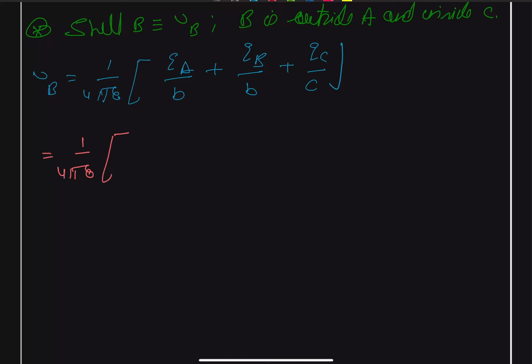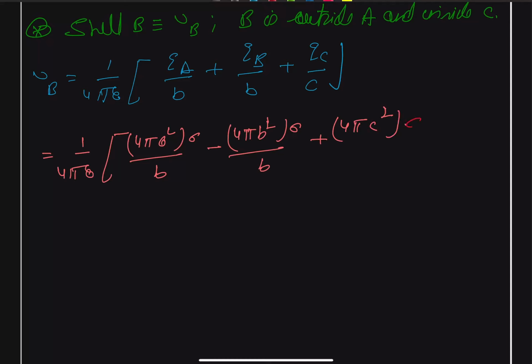QA was 4 pi A square multiplied by sigma divided by B, minus 4 pi B square sigma divided by B, plus 4 pi C square multiplied by sigma divided by C. And here the B square goes away, the C square goes away, and we can cancel out the 4 pi throughout.